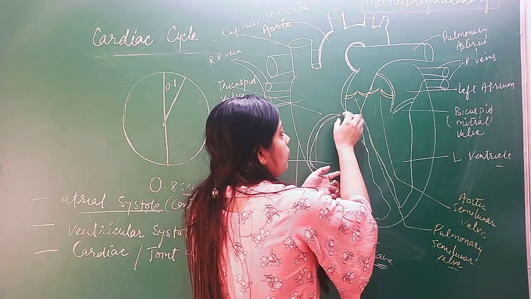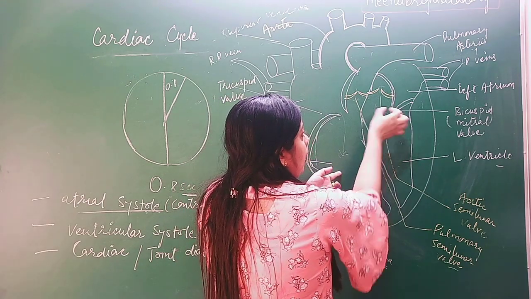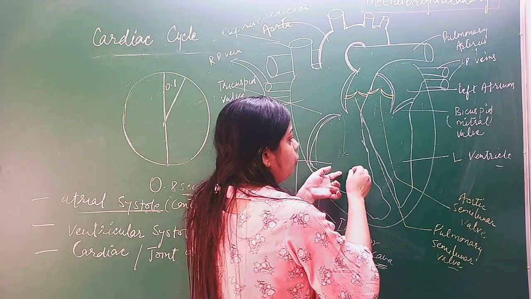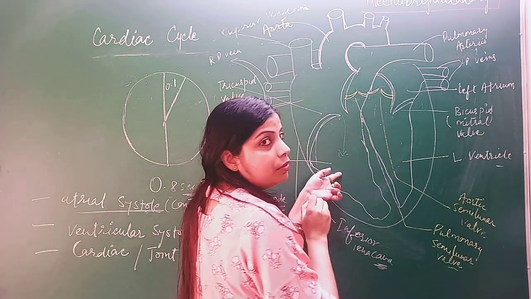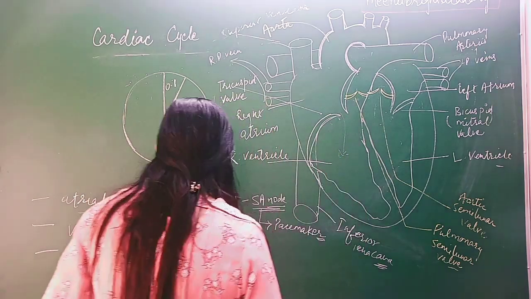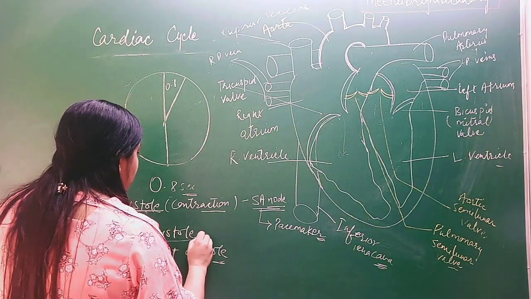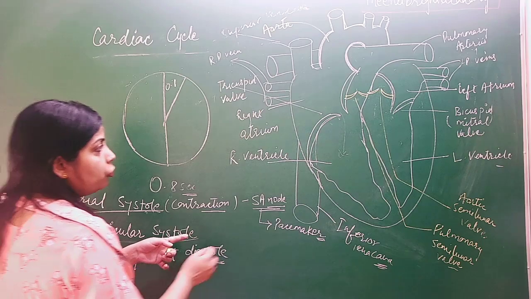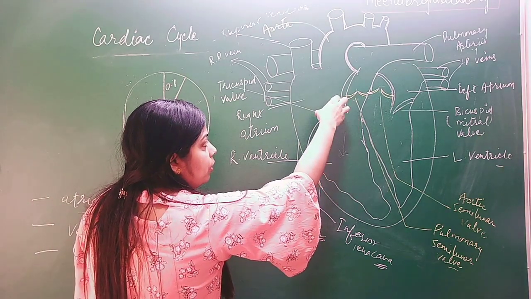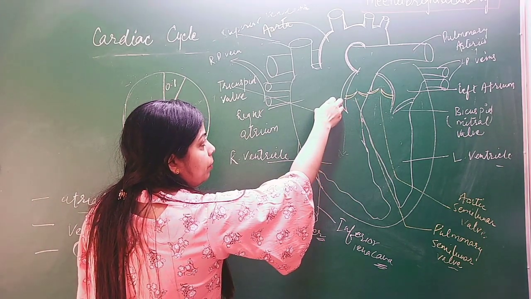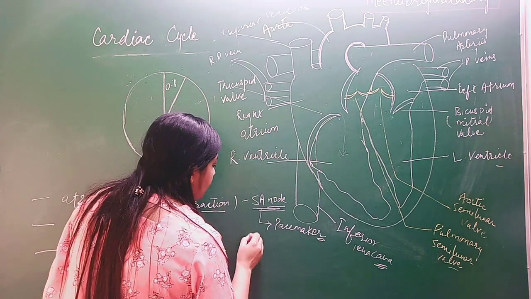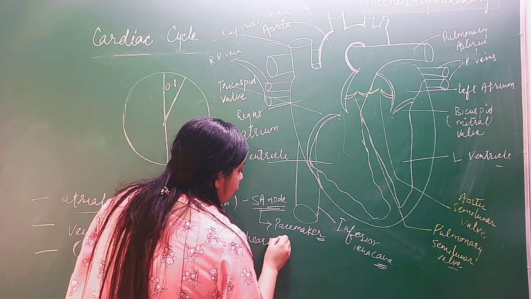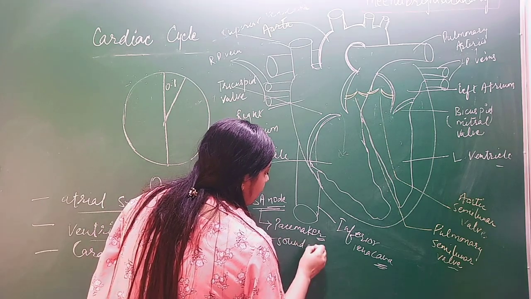So now these AV valves are closed, but these semilunar valves are opened. First thing, in the ventricular systole, because of contraction the AV valves close, so here one heart sound is produced, and that heart sound is the lub sound.